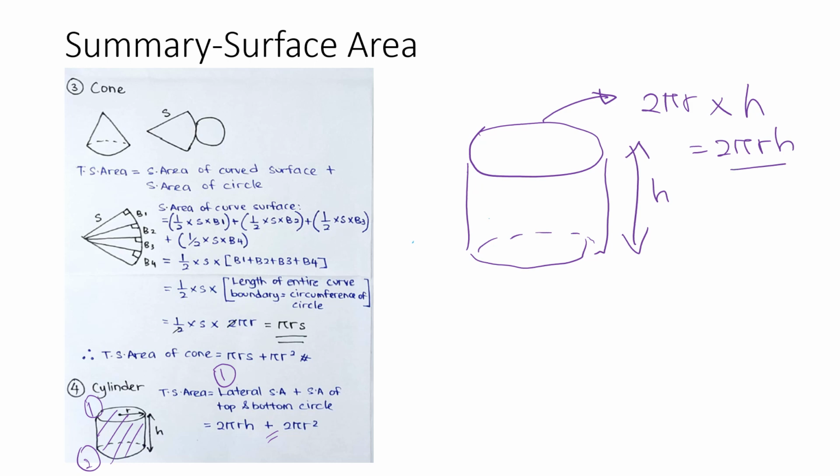Then we add the surface area of the top and bottom circles. The surface area of a circle is pi r square, and because there are two circles, it will be 2 pi r square. So your final answer for the total surface area of a cylinder is 2 pi r h plus 2 pi r square. That's it. Quite simple, right?